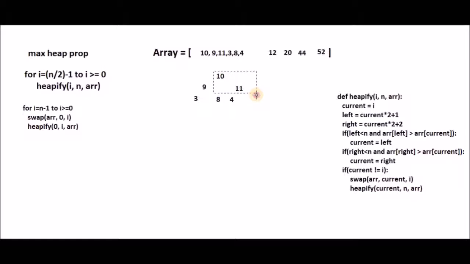By this time I think you should be able to know the way we are doing it. Again, 4 is the child of 10, 8 is the child of 9 and 3. Sorry, 8 is the child of 9. This is the way I have written it. I think I'll just move this a bit here. Right, there you go. Now, again, at 10, there is nowhere else to go, so we just don't do anything.